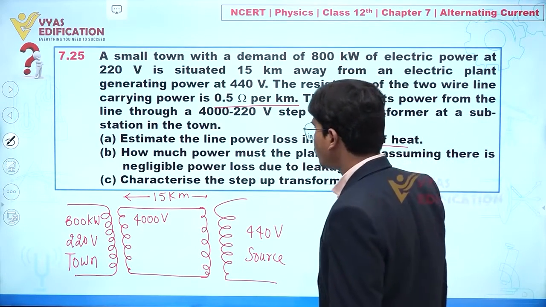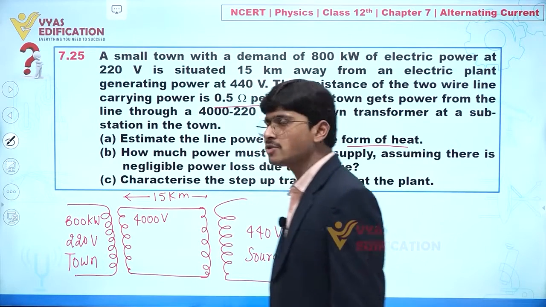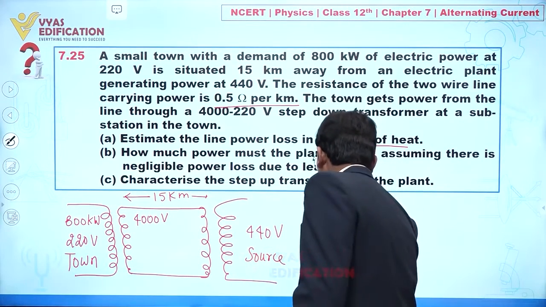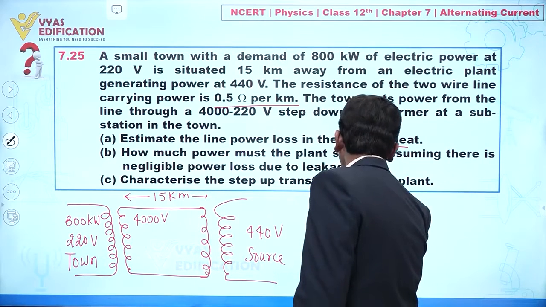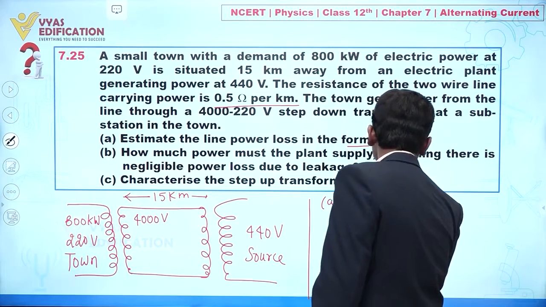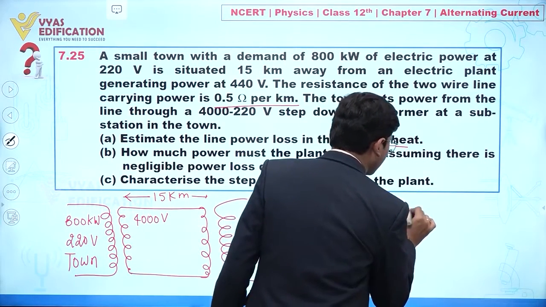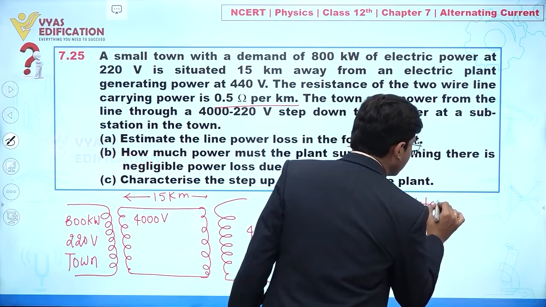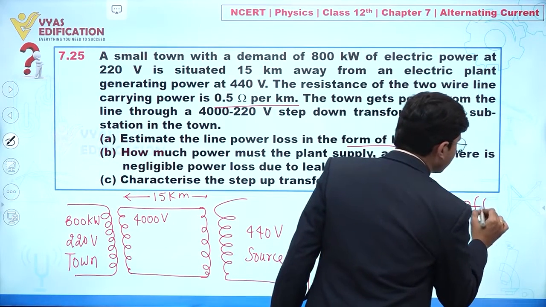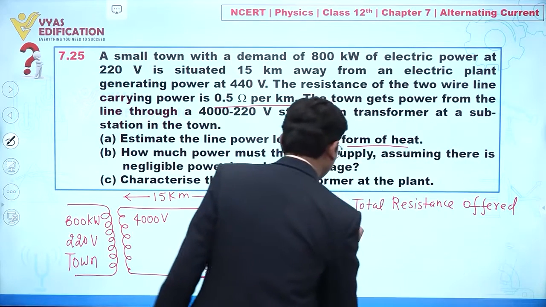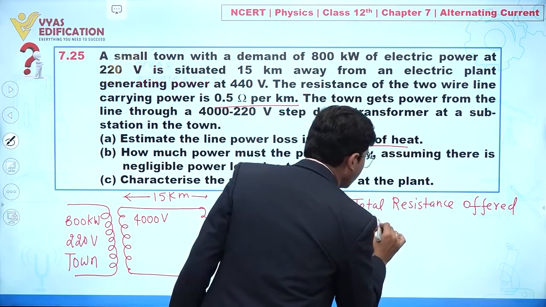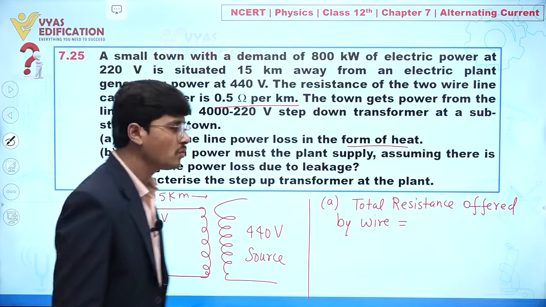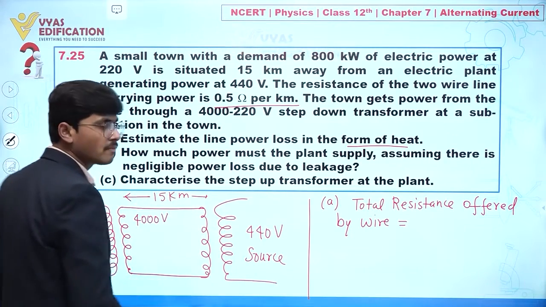First of all, can we calculate the total resistance offered by this line? Yes. First of all, I am solving part A. So the total resistance offered by the wire: we actually have two lines, that's why we can say 15 and 15.